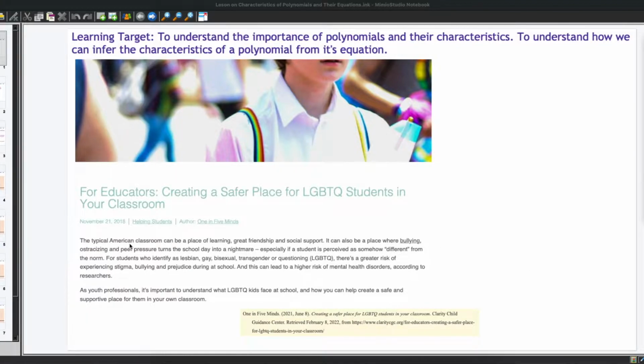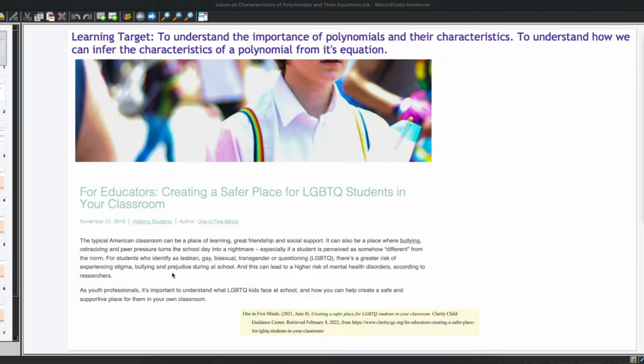So just to do the little lead-in here, it says a typical American classroom can be a place of learning and great friendship and social support. It can also be a place where bullying, ostracizing, and peer pressure turn a school day into a nightmare, especially if a student is perceived as somehow different from the norm. For students who identify as lesbian, gay, bisexual, transgender, or questioning, there's a greater risk of experiencing stigma, bullying, and prejudice at school.